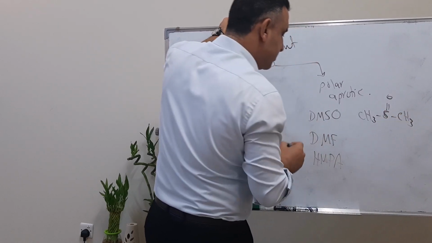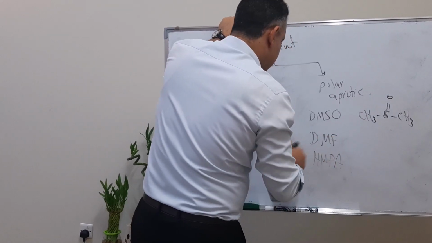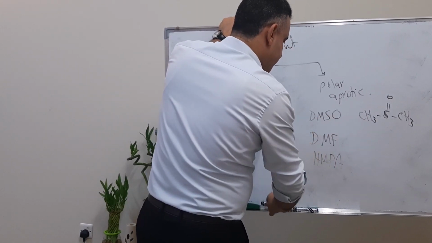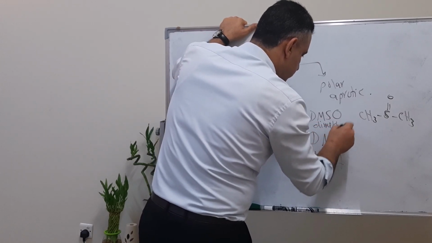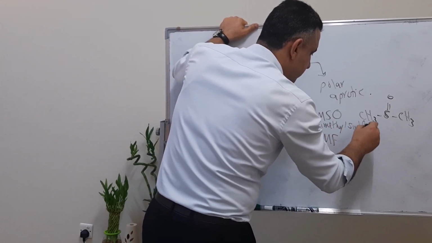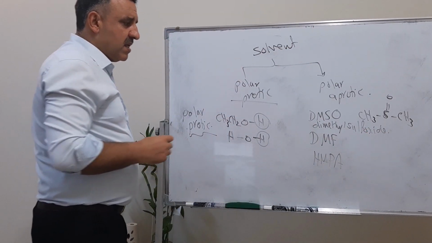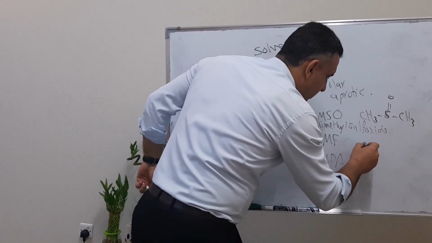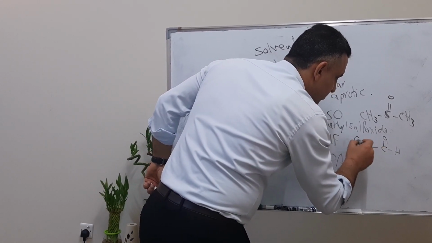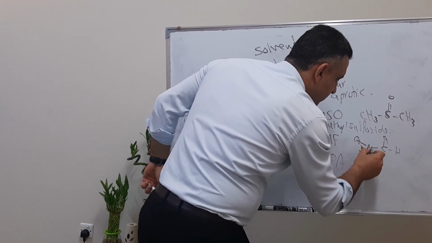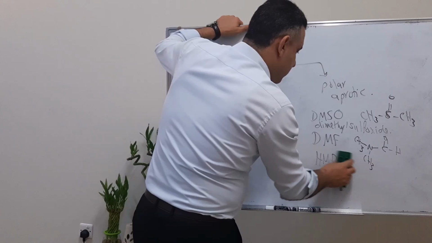It stands for dimethyl sulfoxide. Do you follow me? That's the structure of it. The DMF is simply C double bond O, H, N, CH3, CH3. This is called N,N-dimethylformamide.